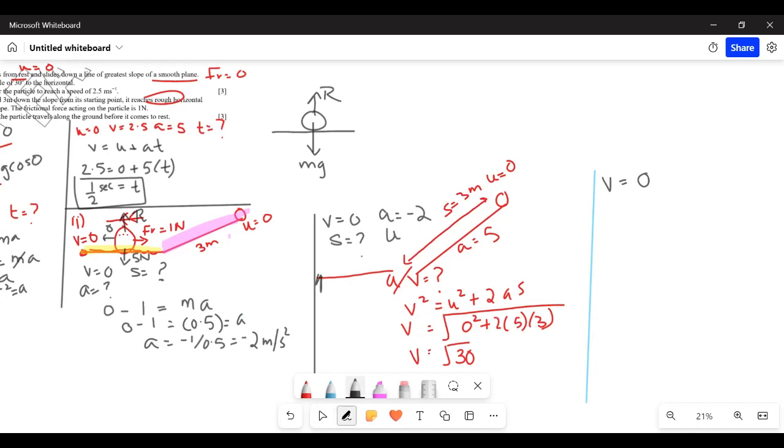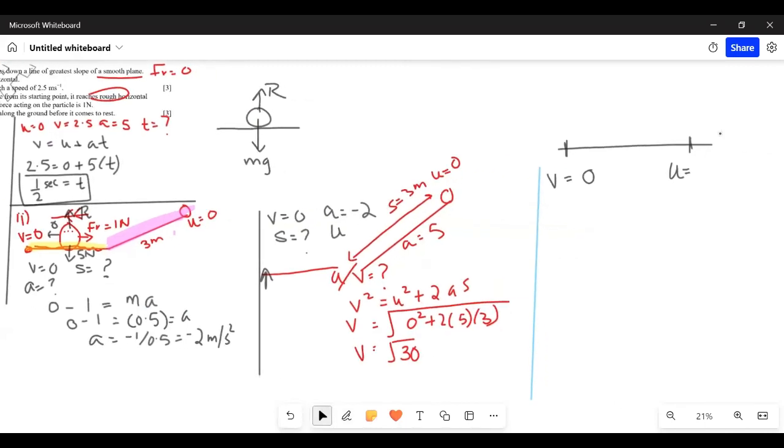So it comes to rest here. So V is going to be 0. This is V. And now U is the same V for the bottom of the slope, which just came out to be under root 30. And that A for this region we had calculated, that was -2.